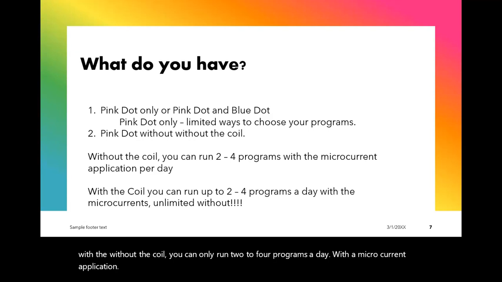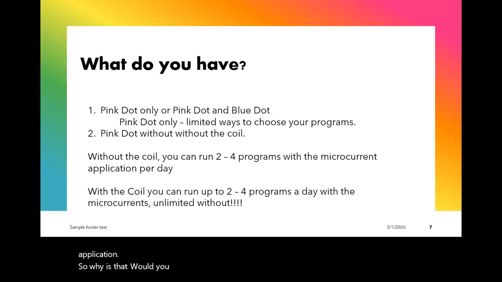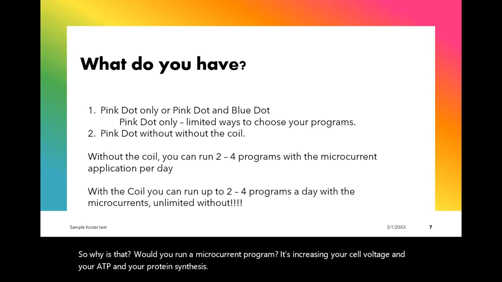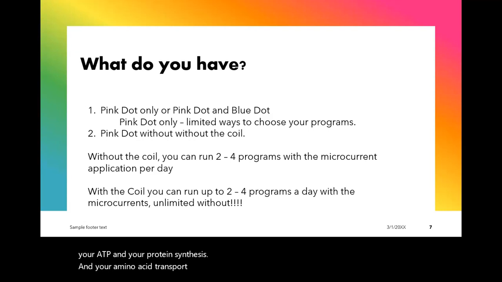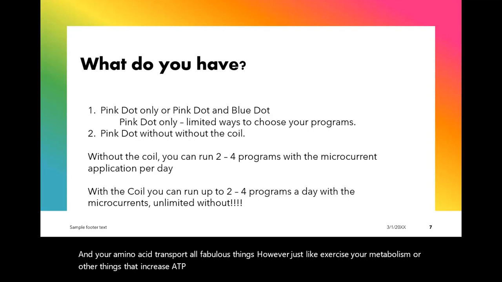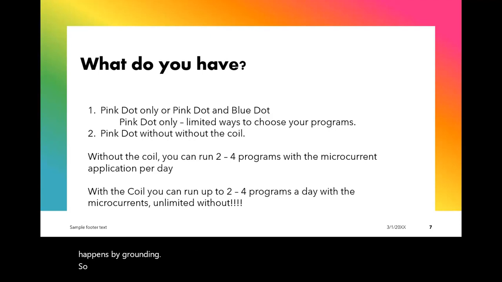So why is that? When you run a microcurrent program, it's increasing your cell voltage and your ATP and your protein synthesis and your amino acid transport, all fabulous things. However, just like exercise, your metabolism, or other things that increase ATP production, you have to discharge some electrons after that happens by grounding. So you don't want to run too many microcurrent programs, especially if you're not grounding enough.